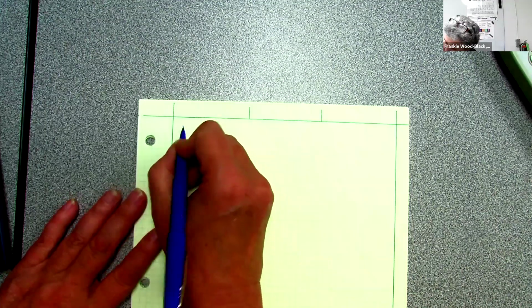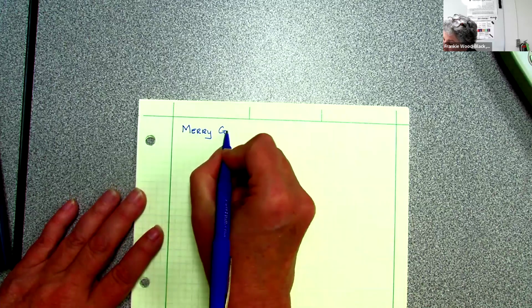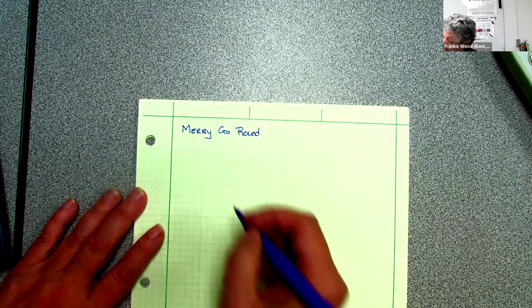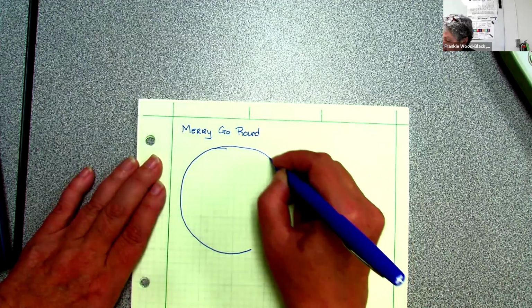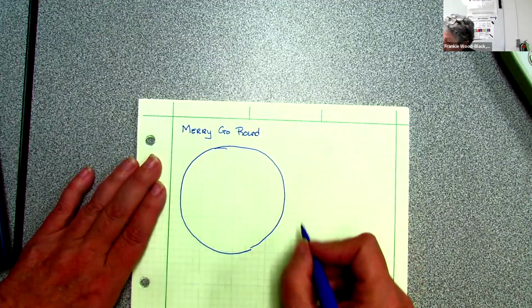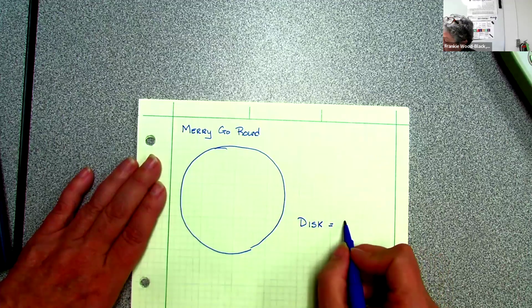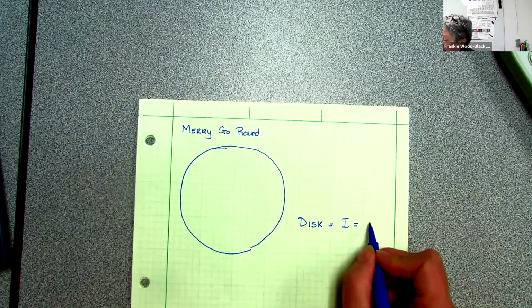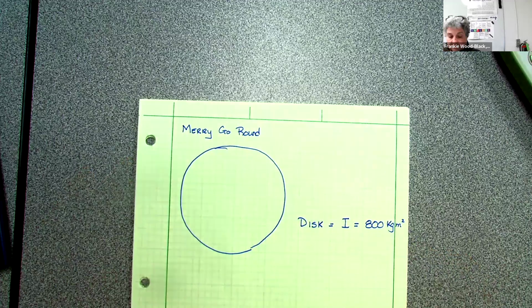Okay, let's play with a merry-go-round. So we're going to have a big disc, and the merry-go-round is a disc. Its moment of inertia is going to be 800 kilograms meters squared.